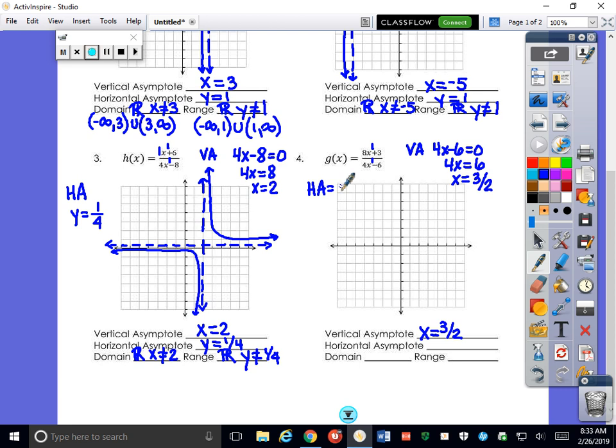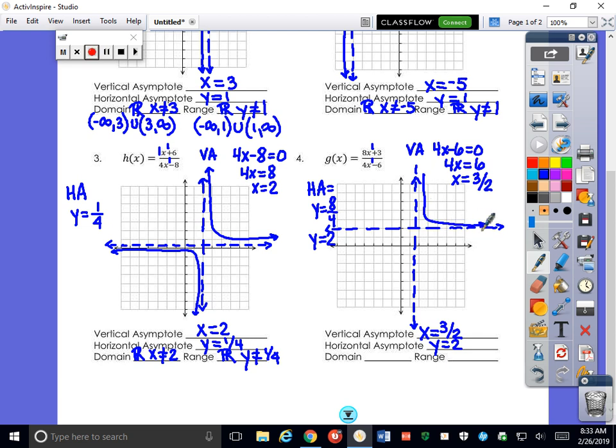So it's going to end up being 8 divided by 4, which is going to be a horizontal asymptote at 2. So at 2 we have a horizontal, and at 3/2 we have a vertical, remembering that 3/2 is about 1.5.